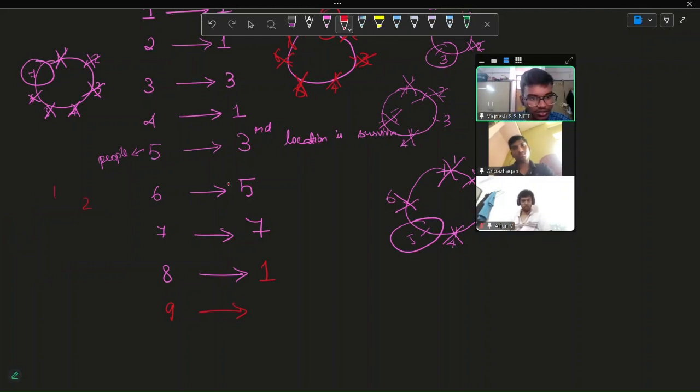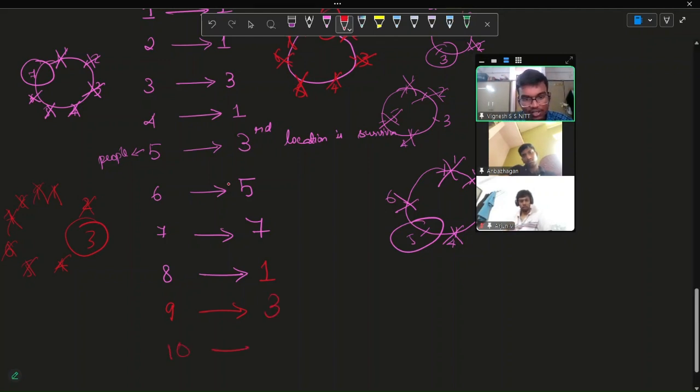Okay, let's write like this: 1, 2, 3, 4, 5, 6, 7, 8, 9. 1 has a sword, so 2, 4, 6, 8 will be killed. And 9 has a sword, 1 will be killed, 3 will kill 5, 7 will kill 9, 3 will kill 7. So 3 is the solution.